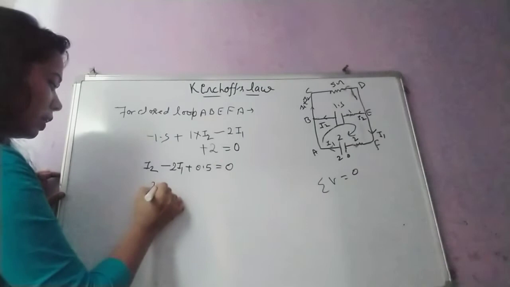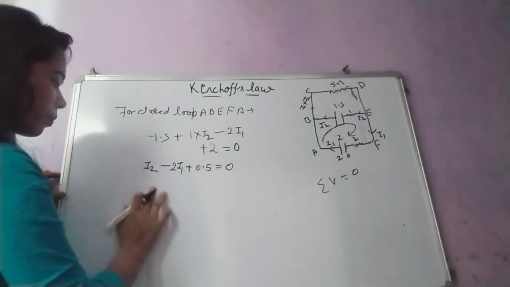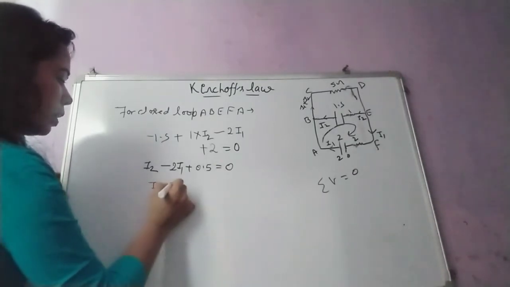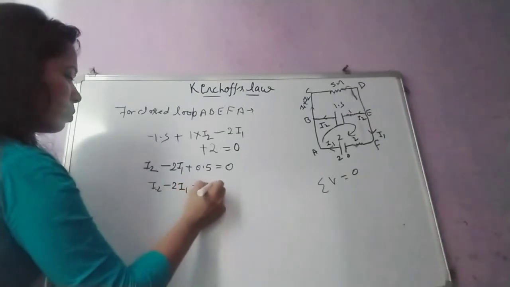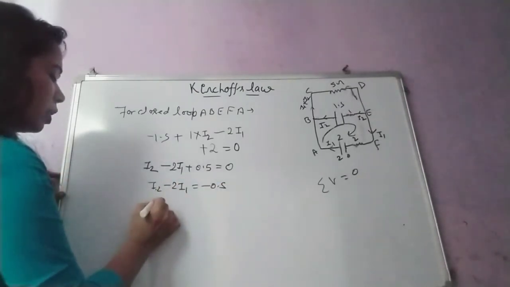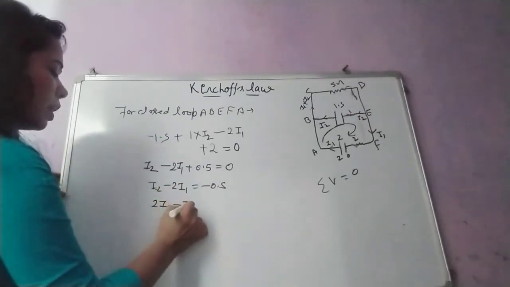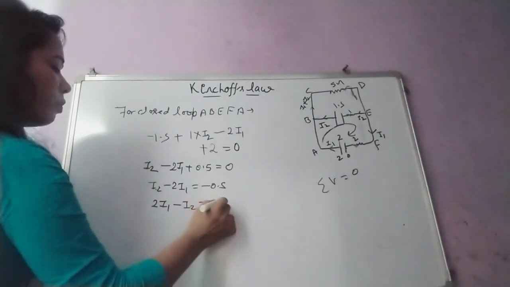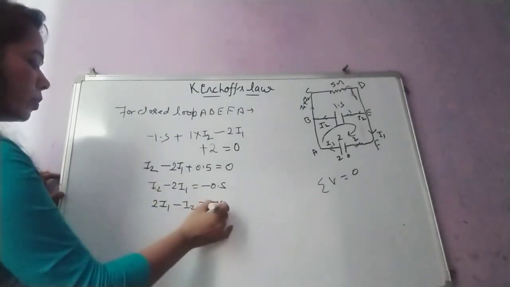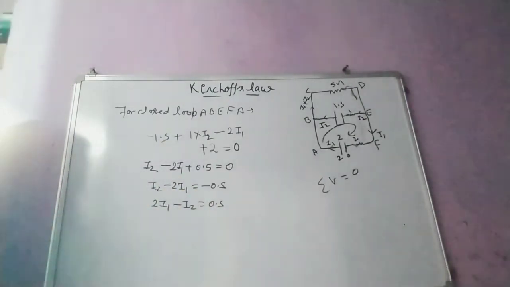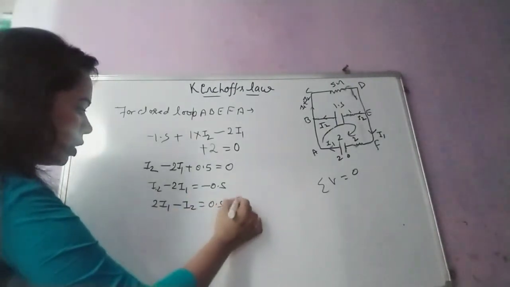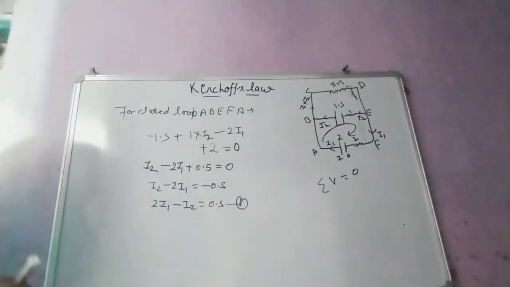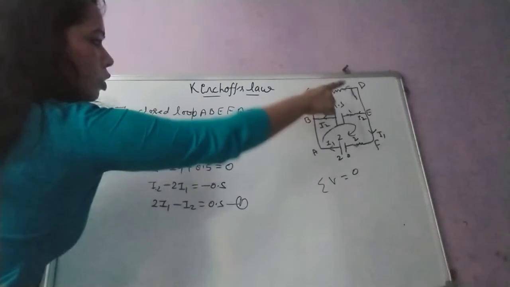Now I can write it like this: I2 minus 2I1 equals minus 0.5. Now I can write 2I1 minus I2 equals 0.5. Taking the minus sign common and cancelling from both sides, this is the first equation. And now I am taking the second loop, for the second closed loop.